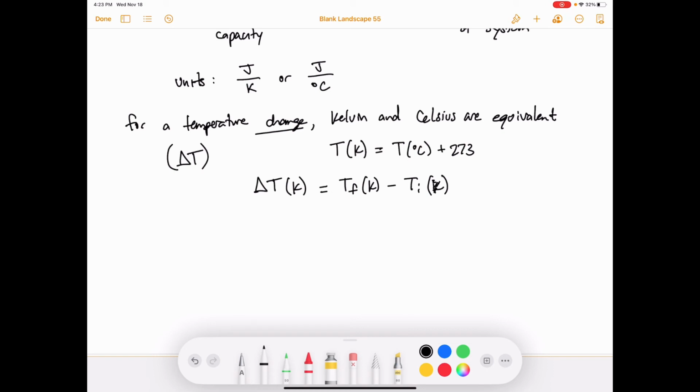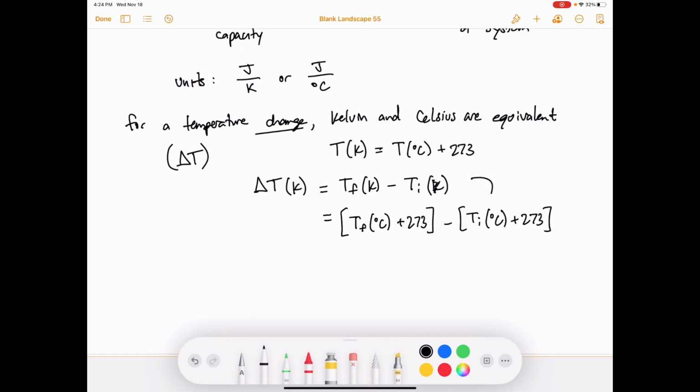Okay, final minus initial. But for T final, I can write this as T final in Celsius plus 273. And then I subtract T initial in degrees Celsius plus 273.